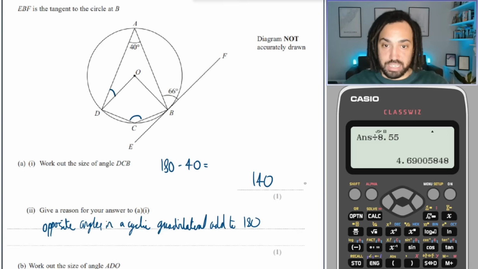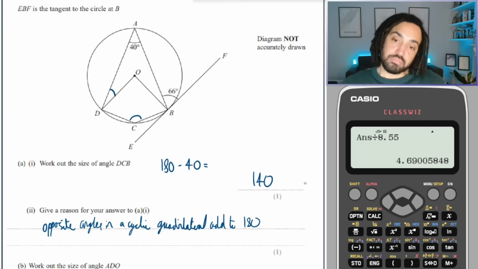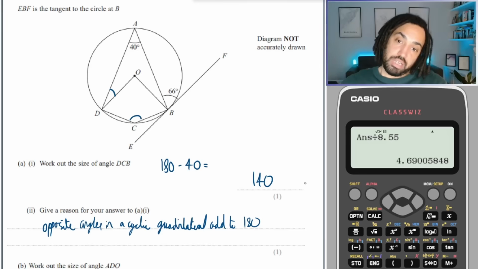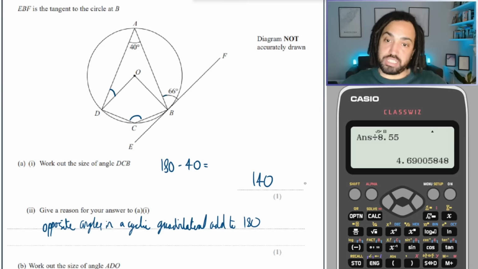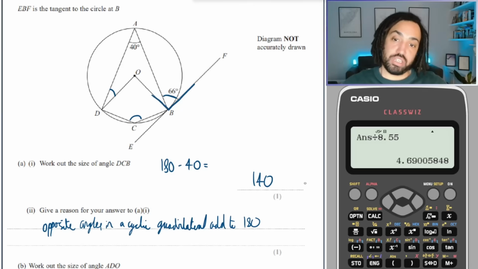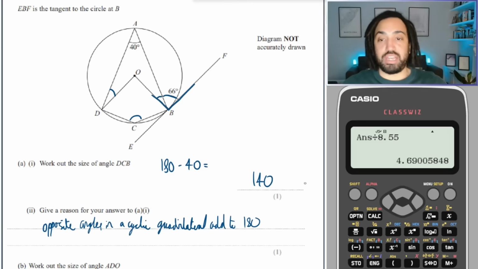ADO is this angle in here. Okay, well we've got some funky business going on with this 66 and a tangent, and we know they meet at 90 degrees, tangents and radius, so therefore we know this angle in here must be 24, because those two must add to make 90.